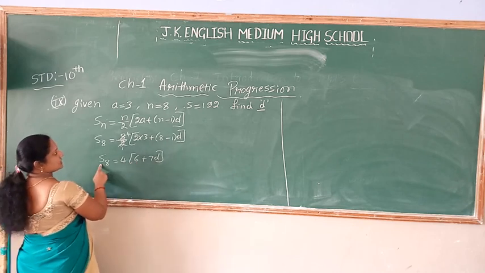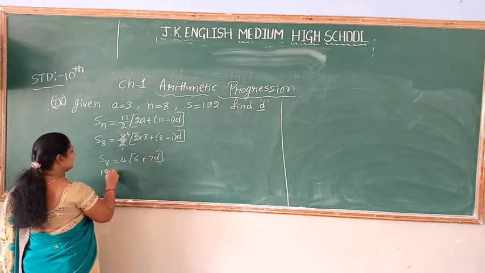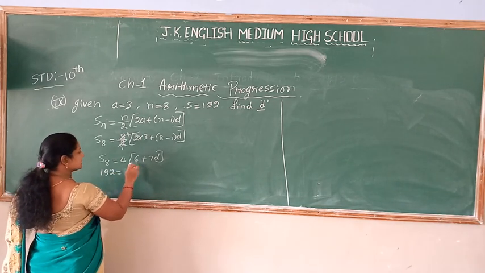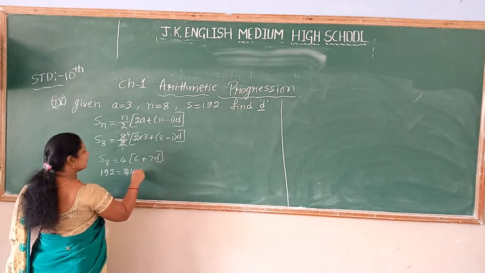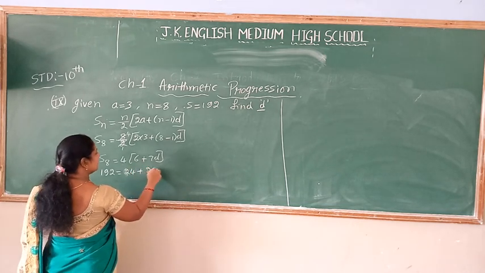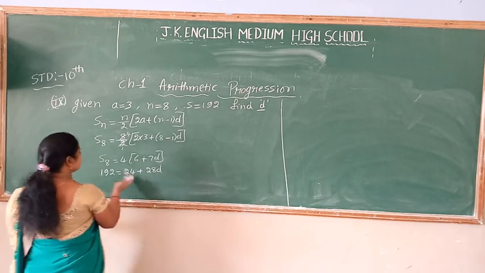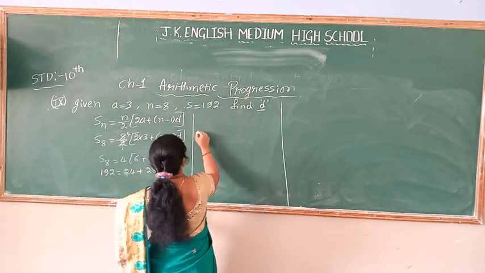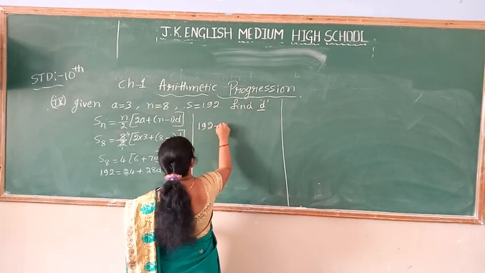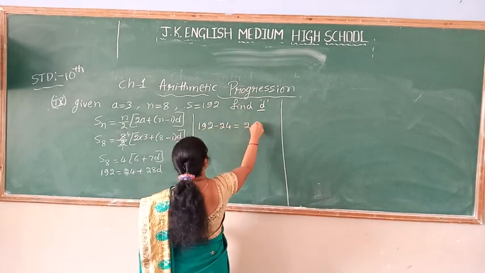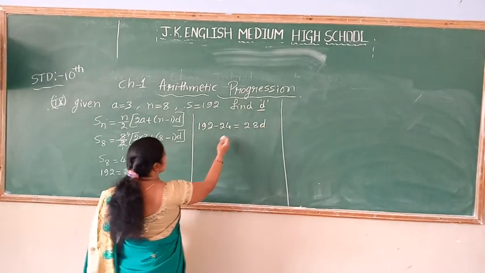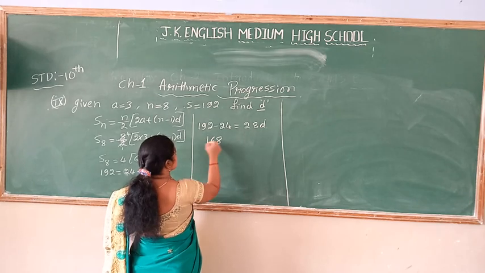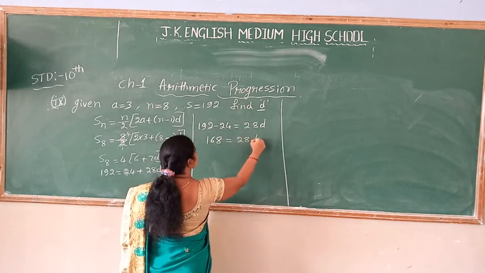Now we simplify. We know the sum is 192, so 192 is equal to 4 into 6 plus 7d. Multiplying, 4 sixes are 24, and 4 sevens are 28d. Take the 24 to this side, as we have to find the d value. So 192 minus 24 is equal to 28d, which gives 168.